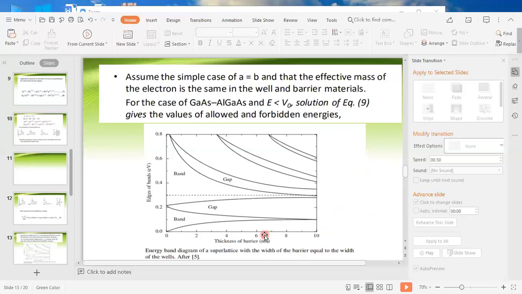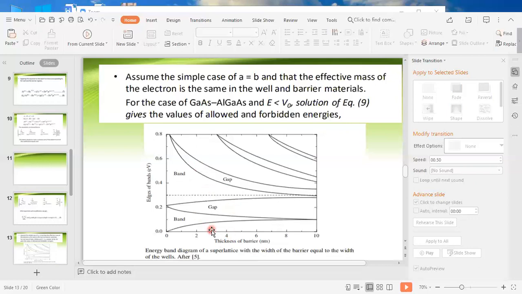Now, when the barrier is smaller than 6 nanometer, the discrete energy levels will form bands and band gaps. Means allowed bands and forbidden bands. Right. So then it becomes a superlattice.